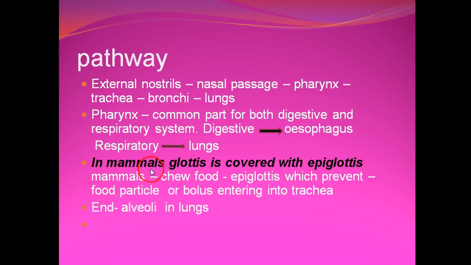In mammals, there is a glottis that is covered by the epiglottis. Mammals chew food, and there is a chance the chewed food particle or bolus may enter the trachea. So the epiglottis prevents the bolus from entering the trachea. And the end part of this system is the alveoli in the lungs.